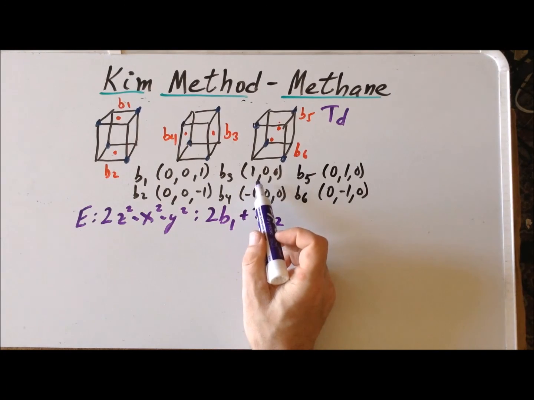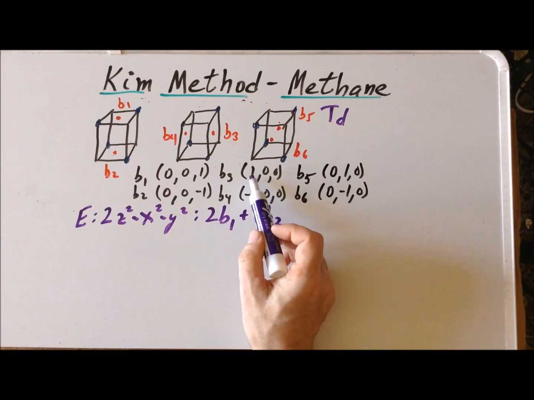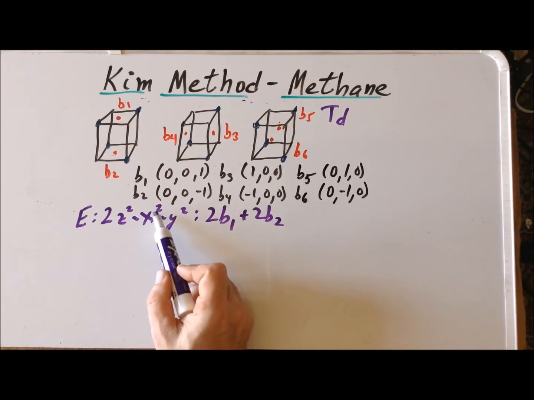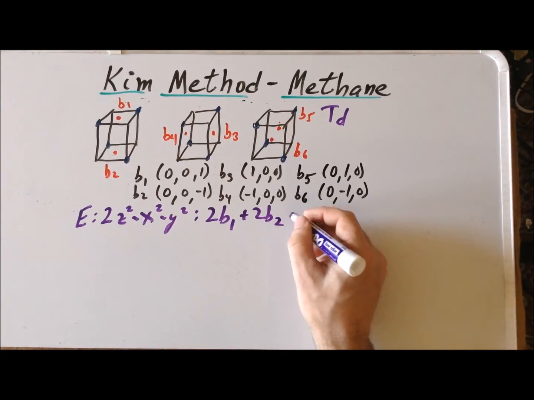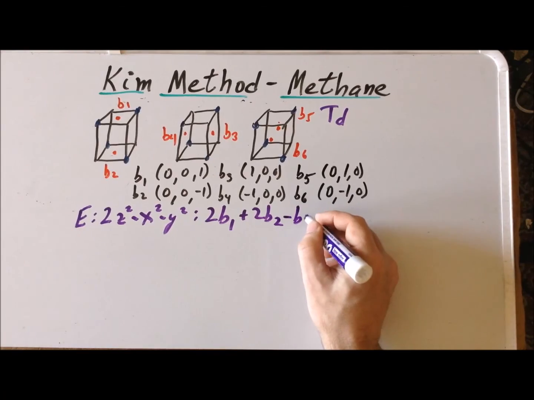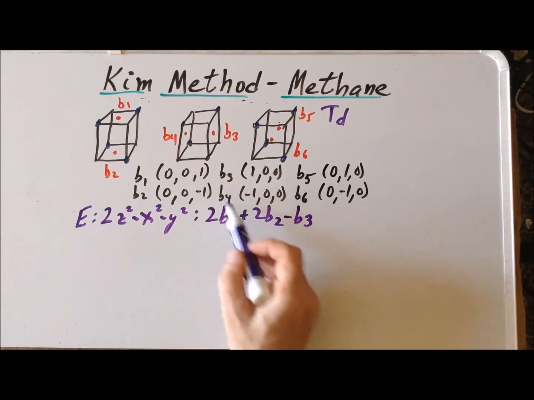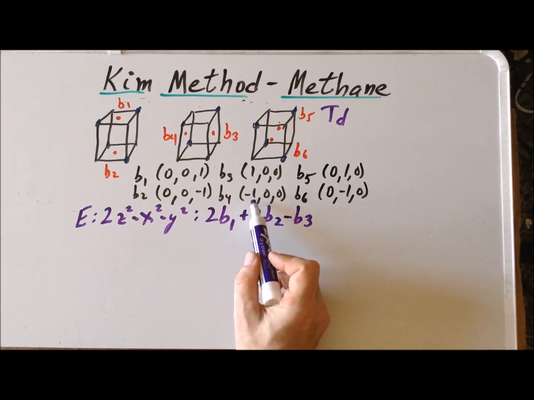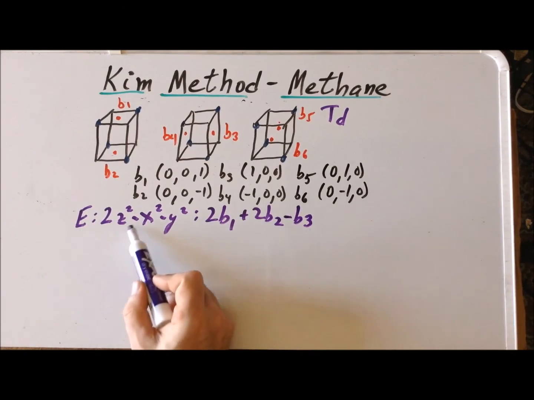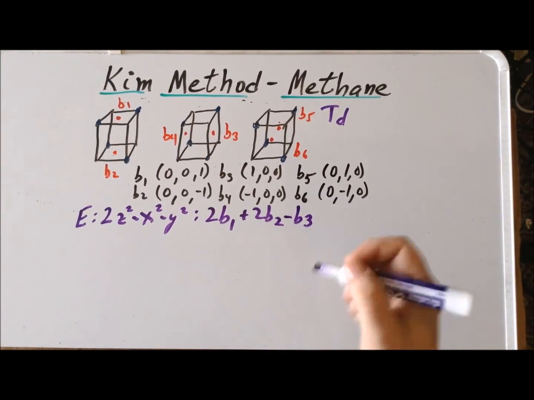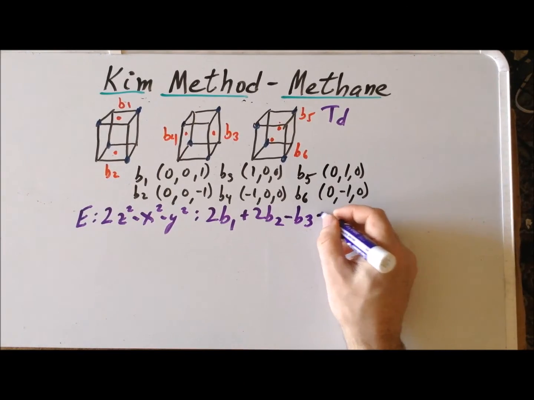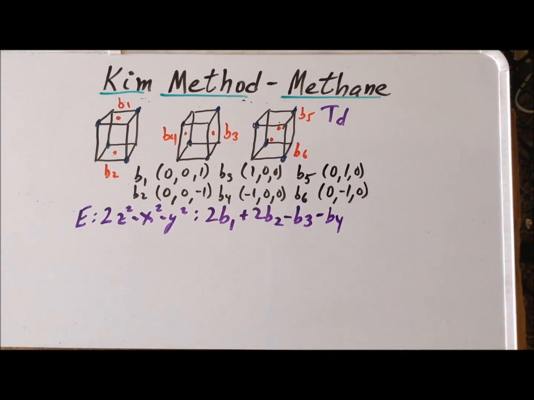Now for the point B3, the x-coordinate is plus 1, x squared is plus 1, we have a minus sign in front, so that gives us a coefficient of minus 1 B3. Similarly for the point B4, x is equal to minus 1, x squared is plus 1, but we have the minus sign in front, so our coefficient is going to be minus 1, so that gives us minus B4.